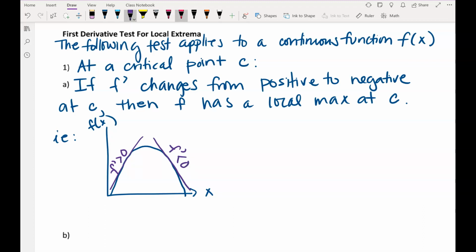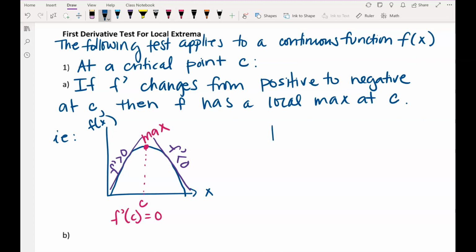So that means at a value of C, here's C, let's just pick that one. This right here, C, so f prime of C is a horizontal tangent, which equals the slope equals 0. So as you can see right there, if f prime changes from positive to negative at that location, then f has a local max. So you can see that local max is right there.